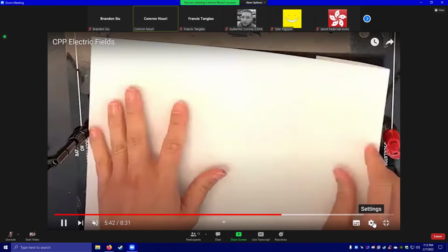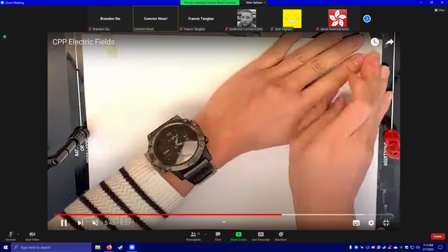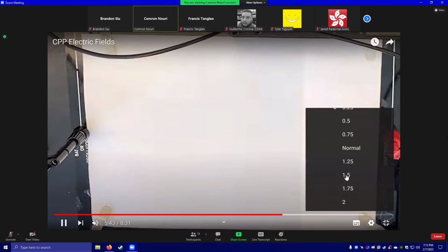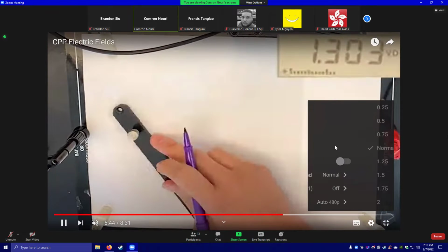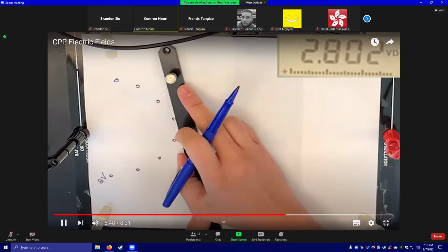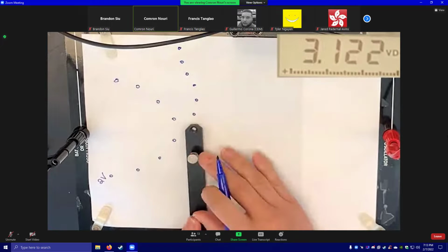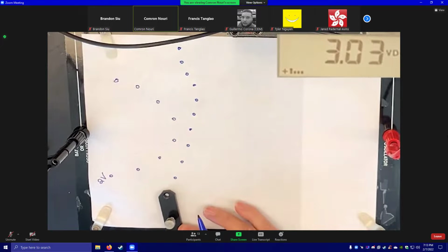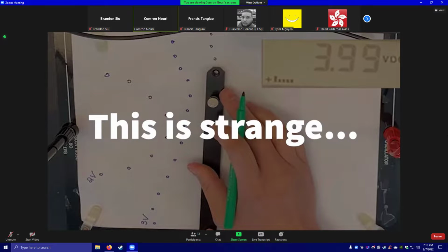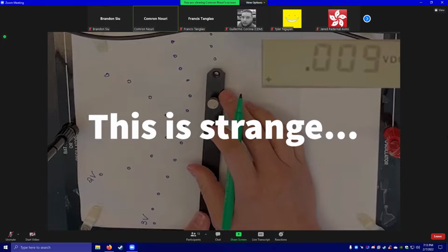All right. And then there's another one. Let me make this normal speed so it goes faster. So in this one, it's a little bit confusing, strange. And it shows 0 volts at that point.